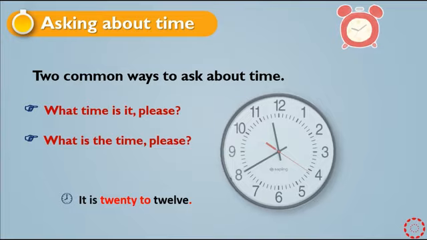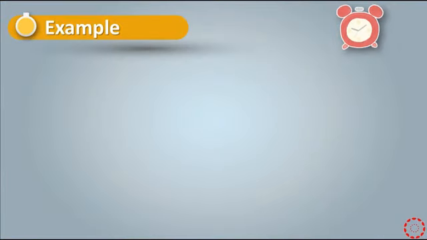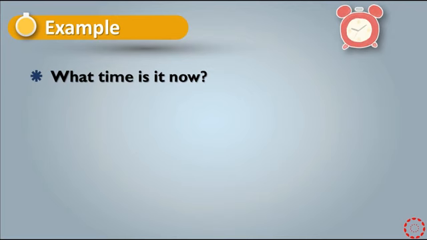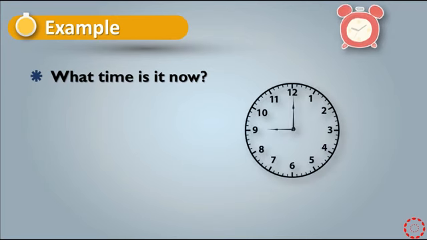We have some examples. Someone asks, what time is it now? If we look at the clock, and at the long one and the short one, the minute hand and the hour hand, you know that the long one is on the number 12, so it's going to be o'clock.